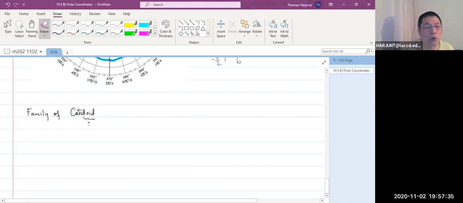Our textbook doesn't call that cardioid; it calls it limaçon. It has this pattern: r as a function of theta is a plus b sine or cosine theta.